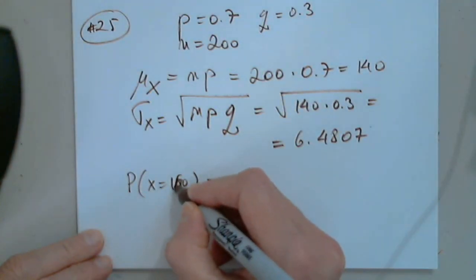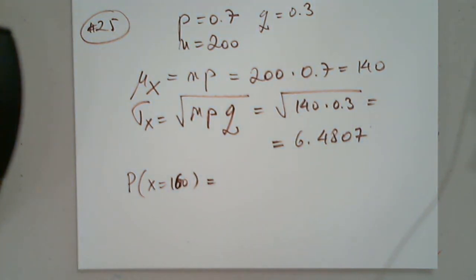It is 160. Thank you very much. So I want N, 200. I want the probability, 0.7. And I want exactly 160. Don't forget to change the symbol.